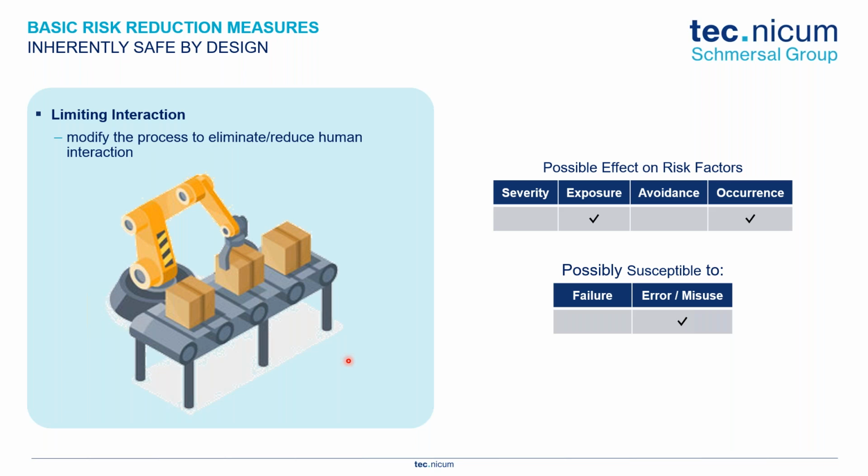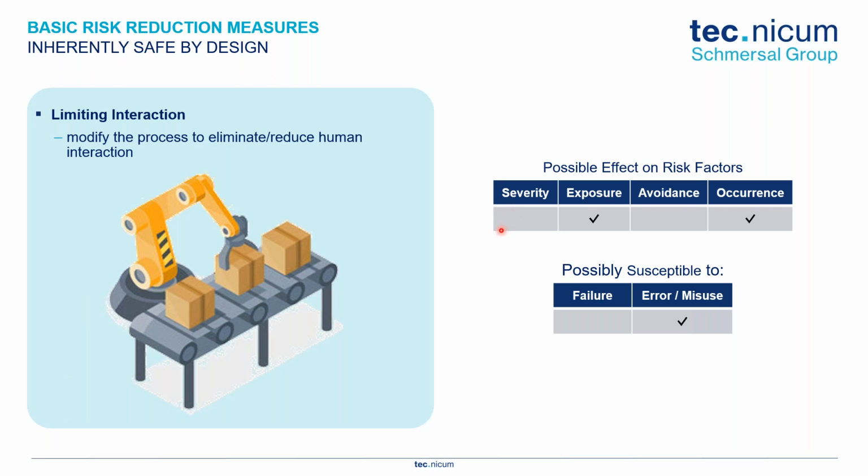Well, if we go back to ANSI B11.0, they say if you're able to limit interaction, you would possibly be able to reduce exposure and reduce the occurrence of being introduced to that hazard. The severity of it will still be there because we're not eliminating the hazard.